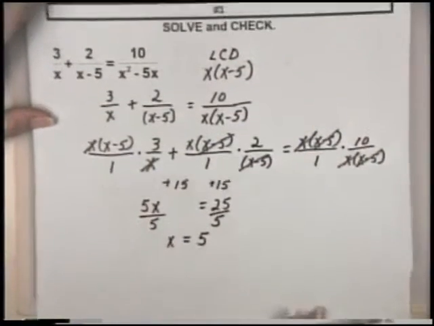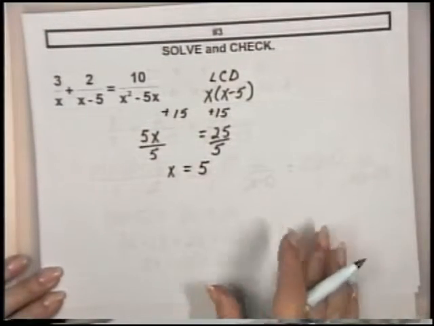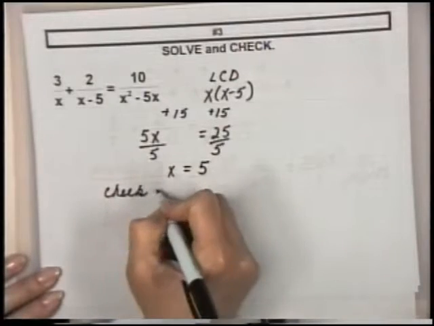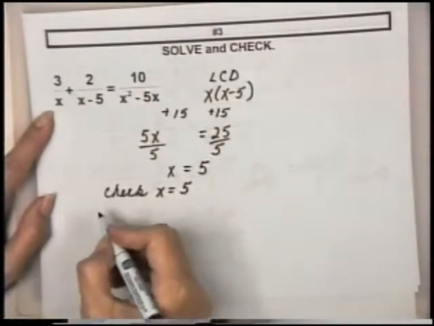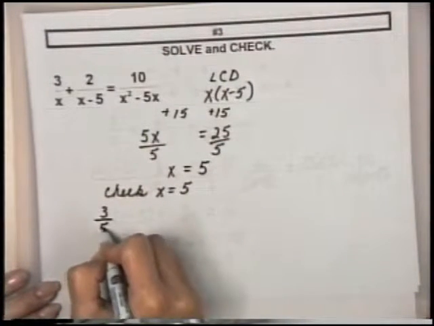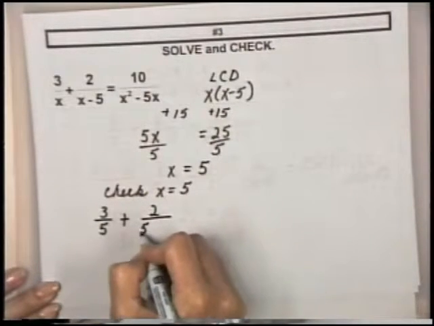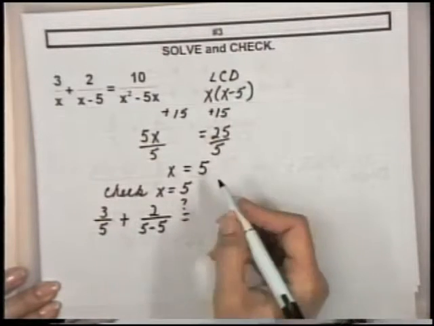Let's see if it is a solution for the original equation. Let's check x equals 5 in the original equation. We will replace each x with 5. I will have 3 over 5 plus 2 over 5 subtract 5.